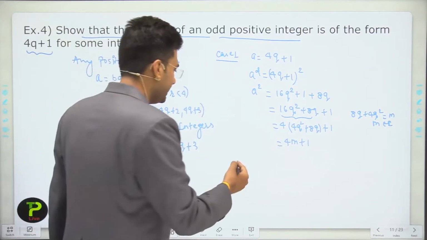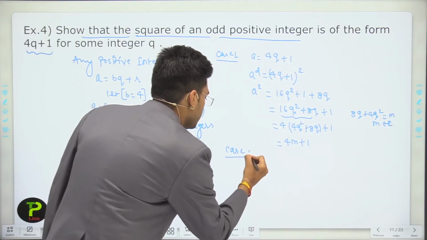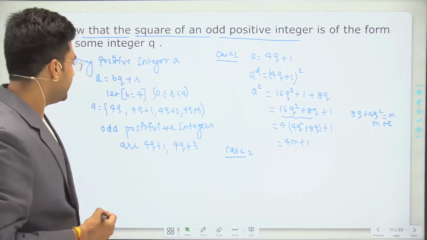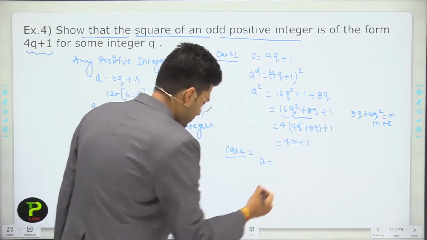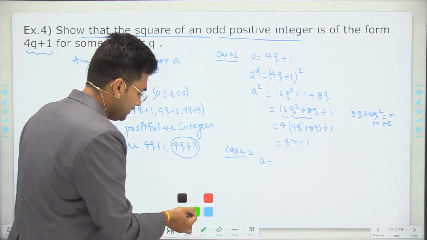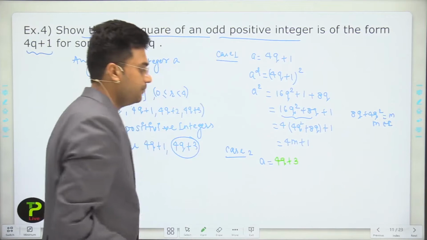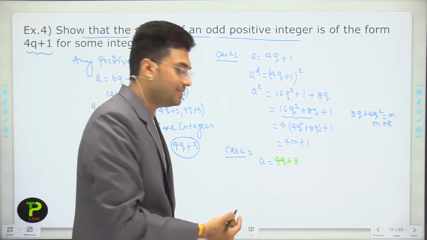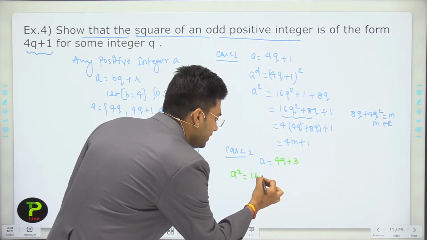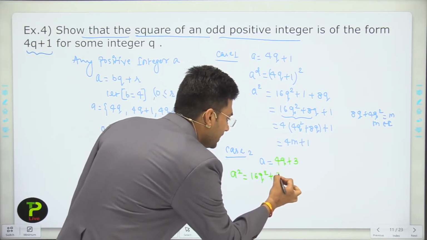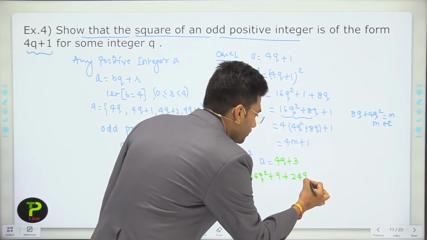Now the second case: case 2 is 4q plus 3. Let a be equal to 4q plus 3. Now if a is equal to 4q plus 3, then a² is equal to 16q² plus 9 plus 24q.